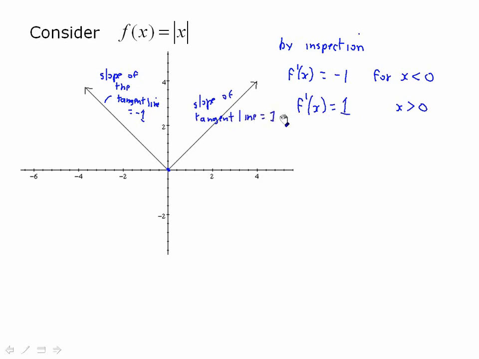So the derivative is -1 and it's +1. And then the obvious question would be, what about x equals 0? So we've established that this is differentiable if x is less than 0, and it's differentiable if x is greater than 0 because we were able to get the slope of the tangent line.